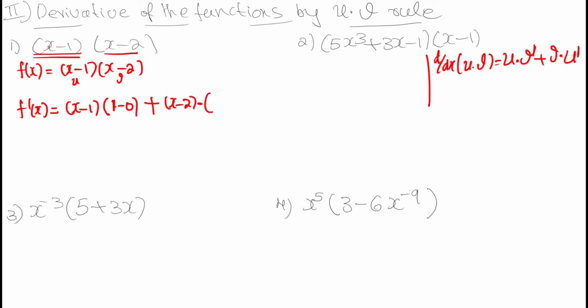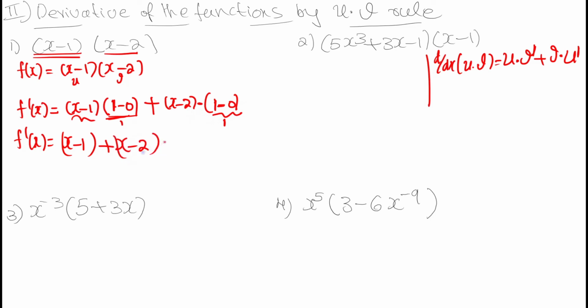This one, derivative of x is 1, minus derivative of 1 is 0. So that f dash of x is equal to x minus 1 into 1 minus 0, which is 1. x minus 1 into 1 is x minus 1, plus, see, x minus 2 into 1 minus 0. x minus 2 into 1 minus 0 is 1. x minus 2 into 1 is x minus 2.